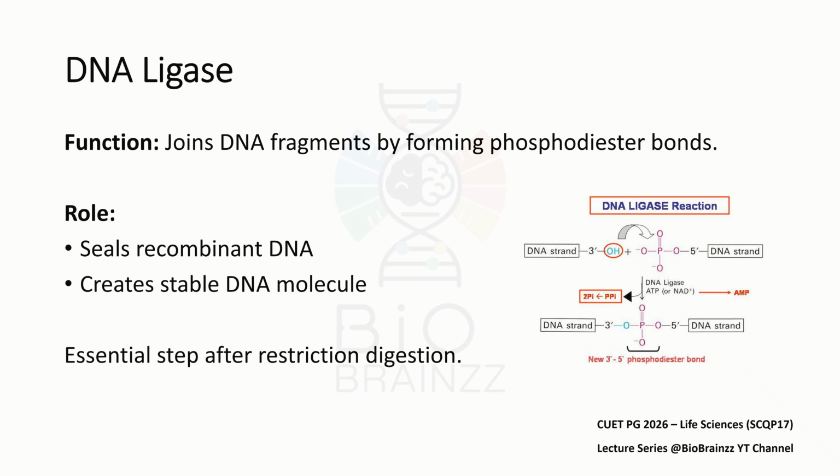DNA ligase catalyzes the formation of phosphodiester bonds between adjacent nucleotides, sealing breaks in the sugar phosphate backbone. This enzyme ensures structural continuity of recombinant DNA. Without ligase, inserted gene fragments would not remain integrated into vectors, making stable cloning impossible.